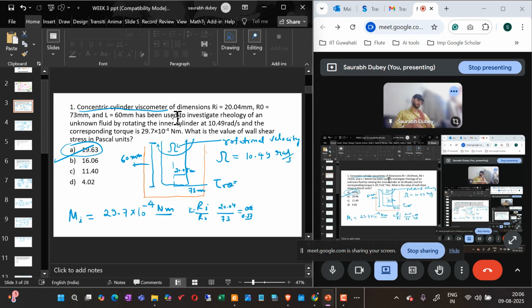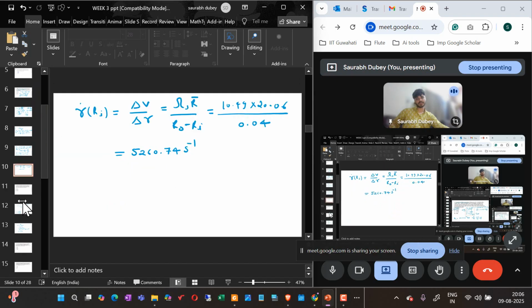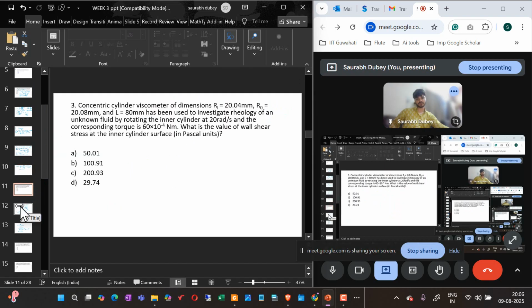The v theta component of the velocity, the rotational speed, is anyway the same. So now with the narrow gap and the same rotational speed, you are going to have more shear, and that is reflected by the value that you got in this third question. So you got 29.74 as the answer.